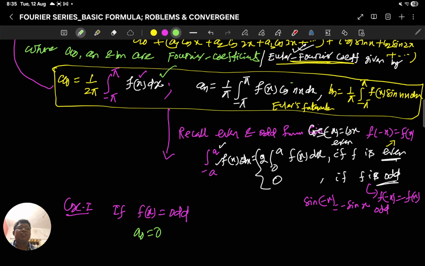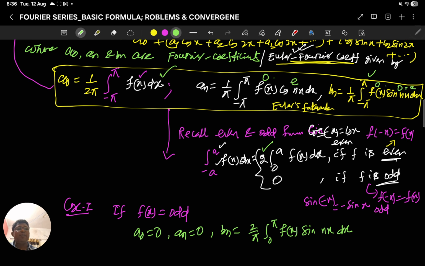Cos is an even function, and once f is an odd function, odd into even is odd, so an is 0. Sine is an odd function. Once f(x) is odd, odd into odd is even, so this minus pi to pi will be replaced by 2 into 0 to pi. So bn is equal to 2 by pi integral 0 to pi f(x) sin nx dx, right?